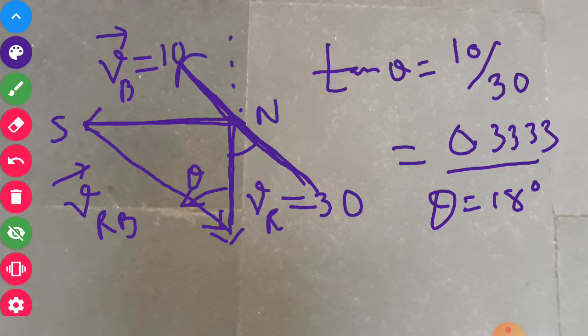So the umbrella has to be kept this way, and this angle has to be 18 degree with south. Okay, so this angle which we wanted to find is obtained.